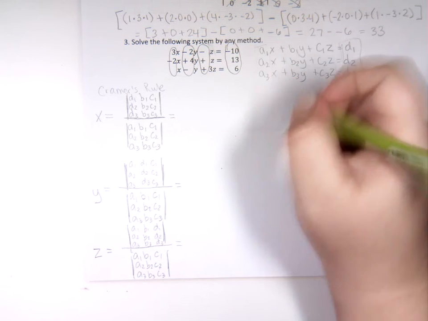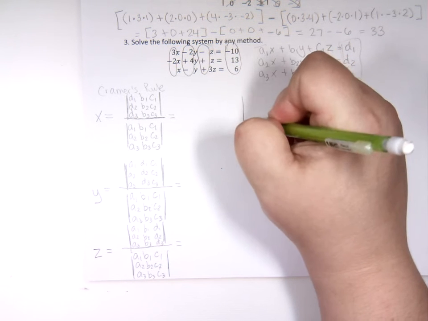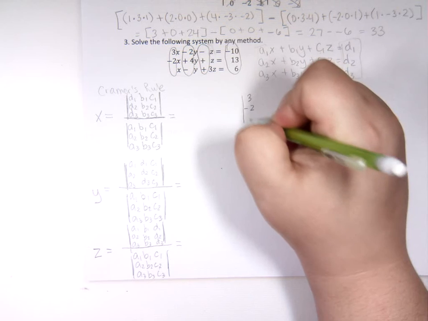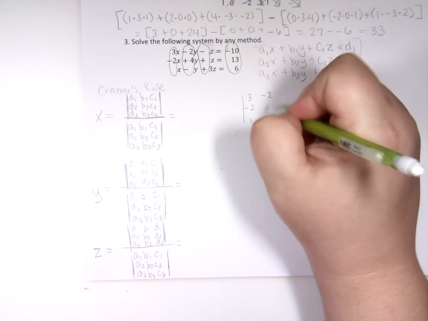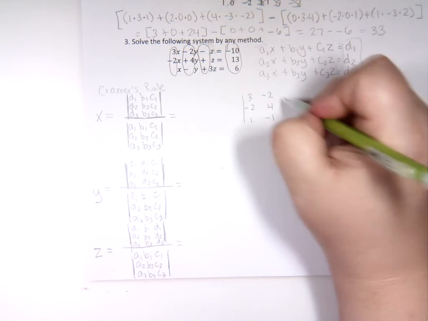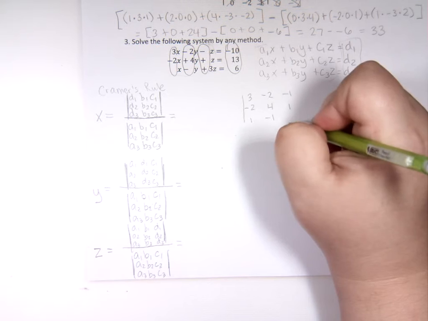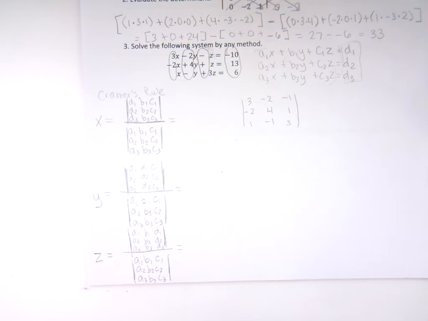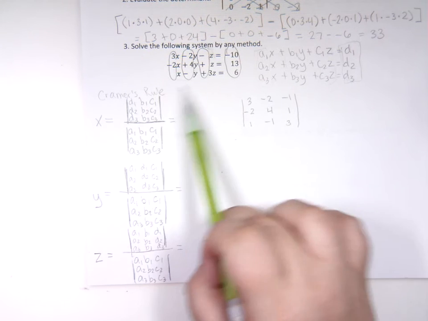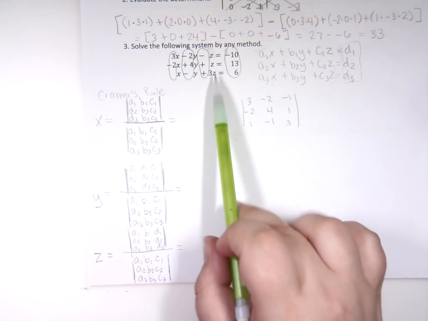So we've got 3, minus 2, 1, minus 2, 4, minus 1, and minus 1, positive 1, positive 3. So that's the matrix of what we'd call the coefficient matrix, all the coefficients in front of the variables.